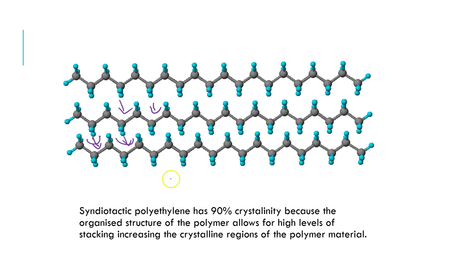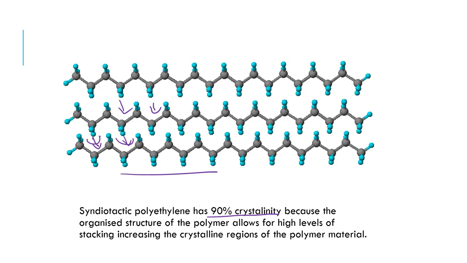So we have a high amount of crystallinity, about 90% with polyethylene, and the crystalline regions are due to this stacking, and we see that for a great level of stacking. So this polyethylene gives us great crystallinity and good structure as a result.